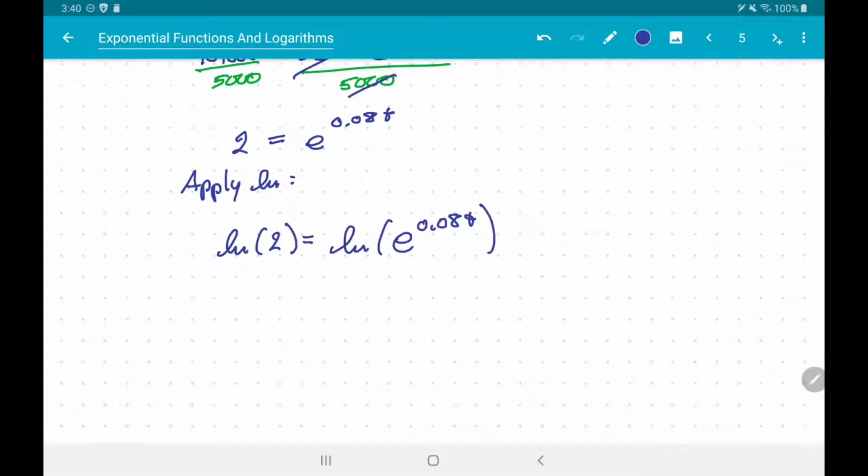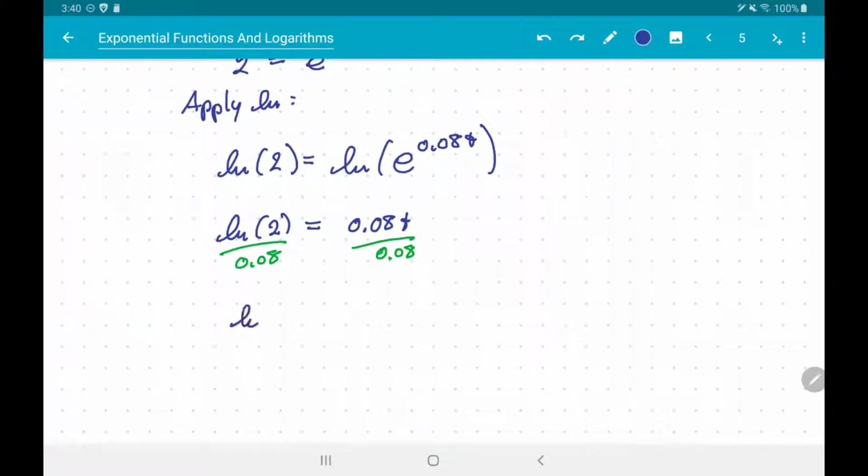The point of doing that is that ln of e to a number simplifies down to just the number. So the right-hand side, ln of e to the 0.08t, simplifies down to just 0.08t. There's one last step. I need to divide by 0.08 to undo this multiplication.